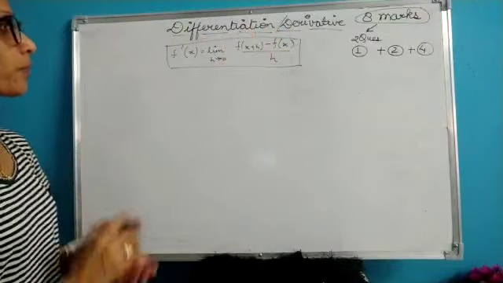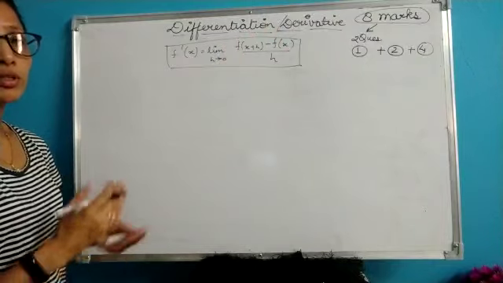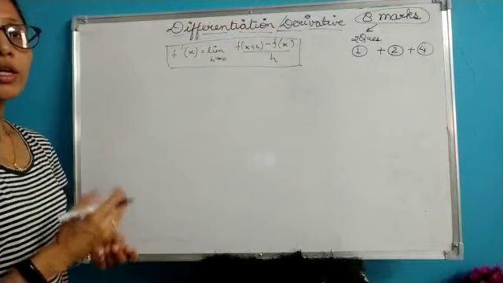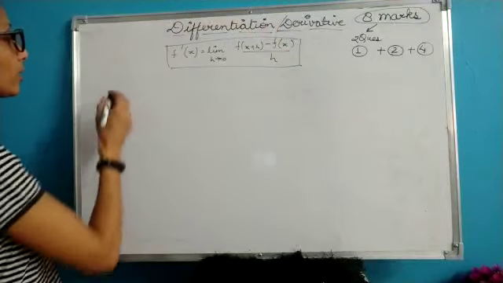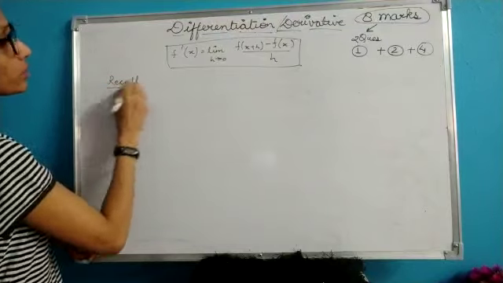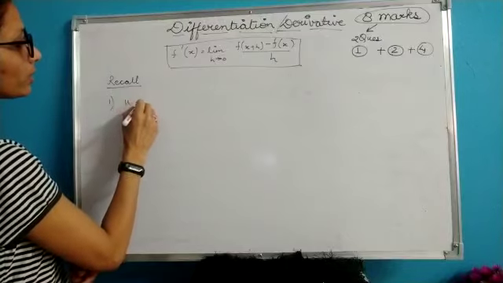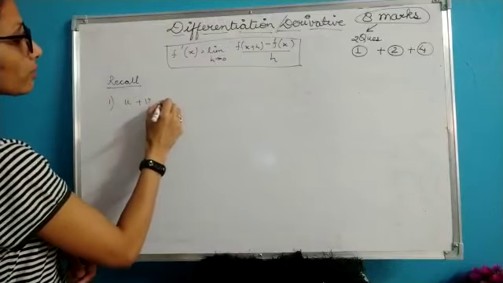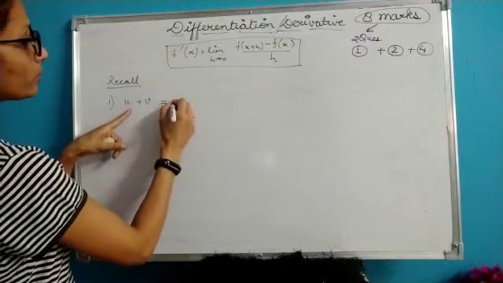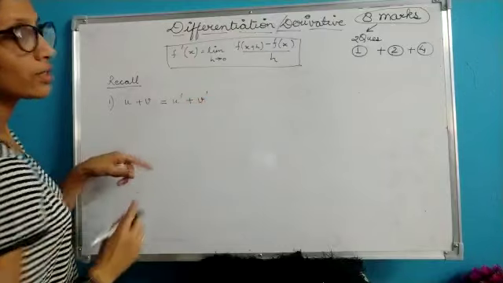Children, you have also come across some of the rules of addition, subtraction, multiplication or product, and quotient rule. Now let's recall these rules one by one. First of all, if your function is given in addition form, then you have calculated its differentiation as differentiating the first function plus differentiating the second function.